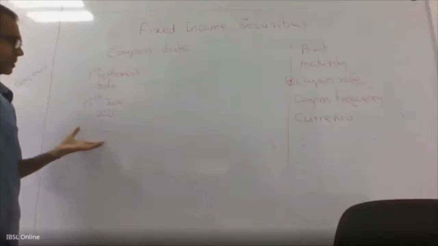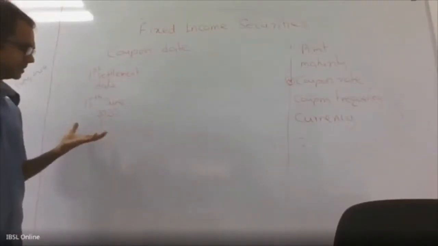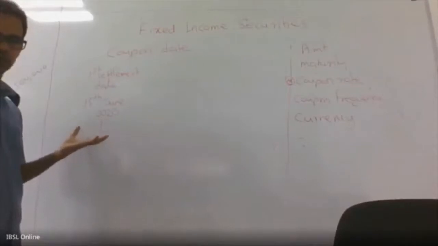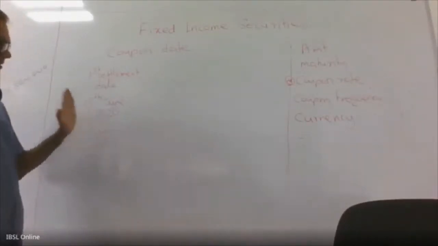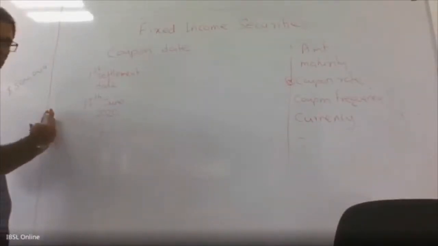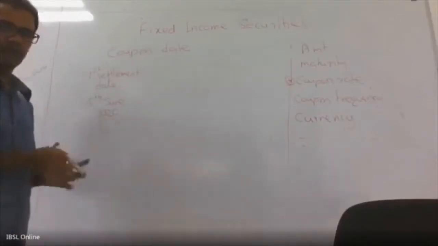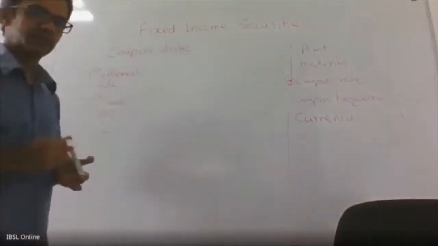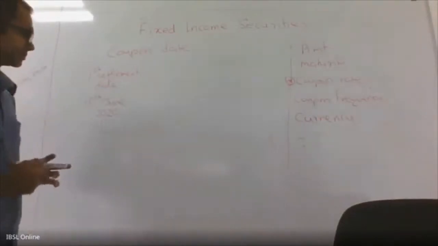On the first settlement date, the borrower or the issuer receives the amount borrowed. The auction might have taken place 2-3 days before this date, but this is the settlement date where investors deliver cash and receive the security.